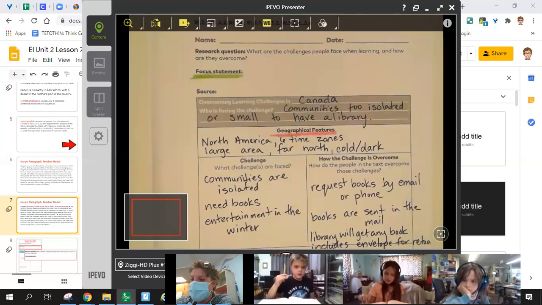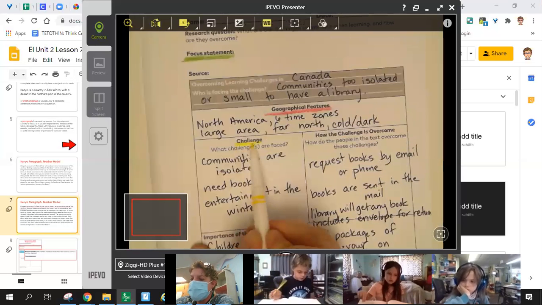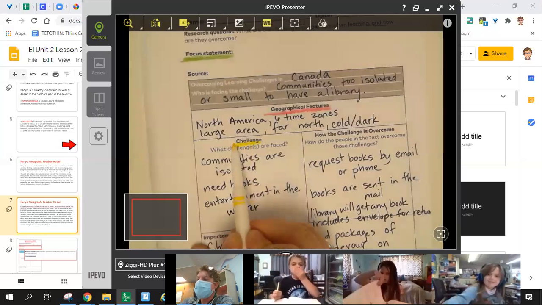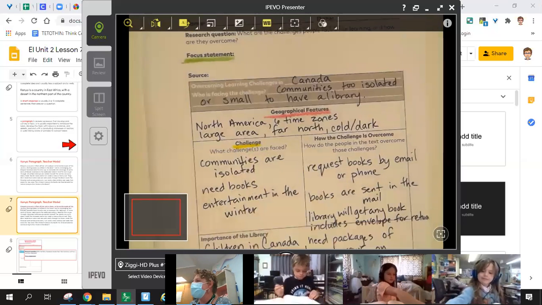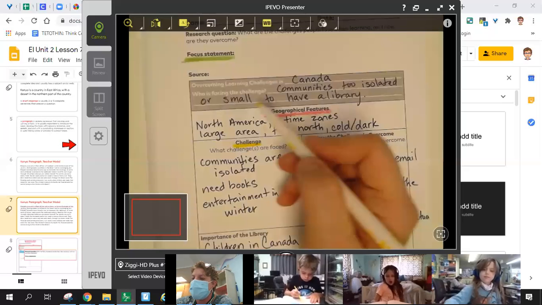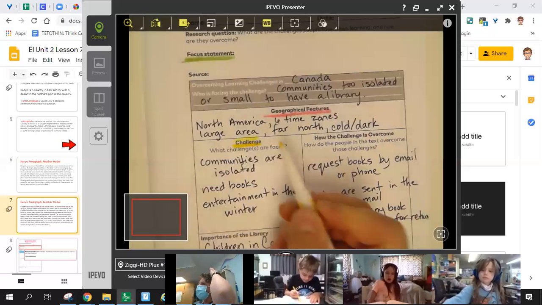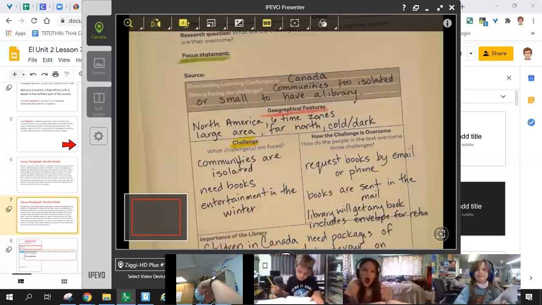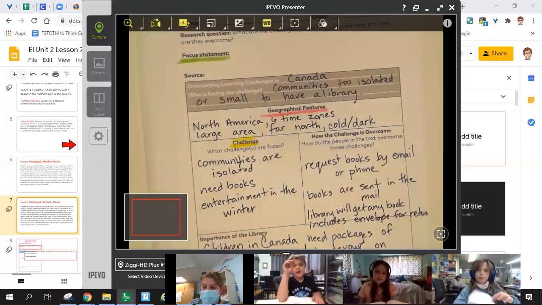The challenge. So everybody color under that challenge. That's what your next sentence is going to have, something from that box right there. This is our yellow. Sentence number 3 is going to come from that section. All right. Very nice.